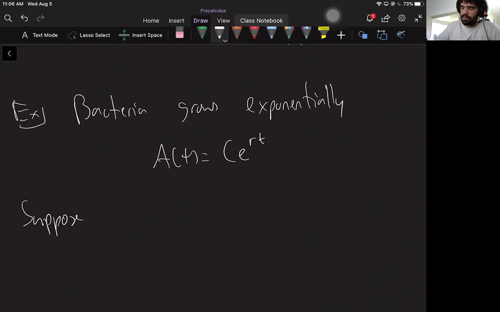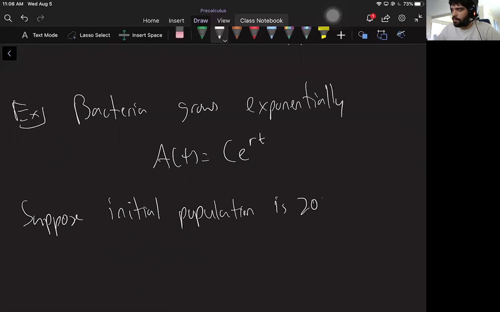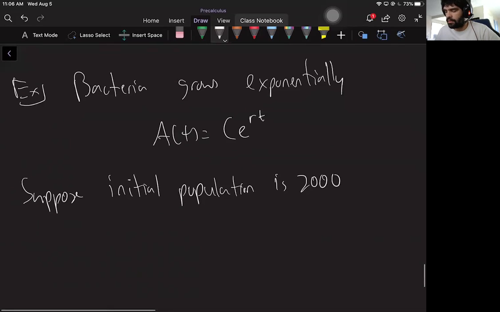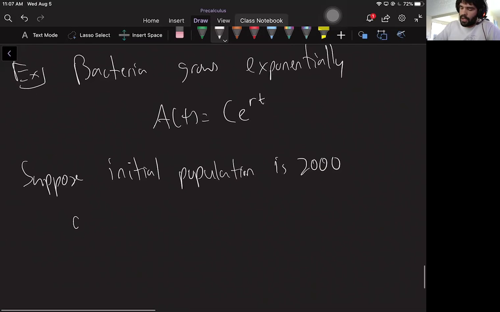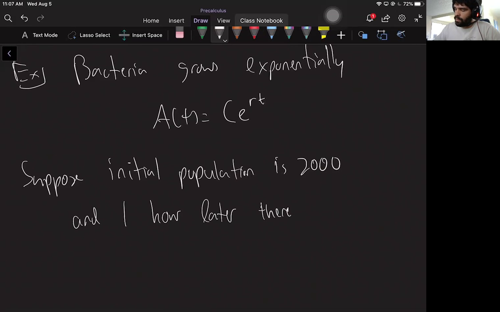This time we're going to suppose that the initial population of the bacteria, so how much bacteria there is, is 2,000. I don't know what units of bacteria are, but units are for physicists anyway, so who cares? So there's 2,000 somethings of bacteria. And 1 hour later, there is 2,500.